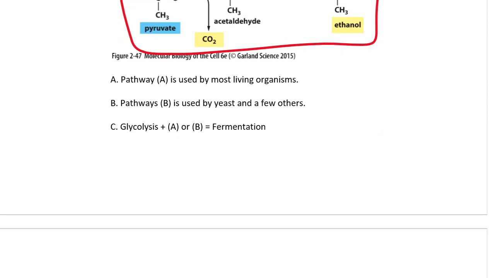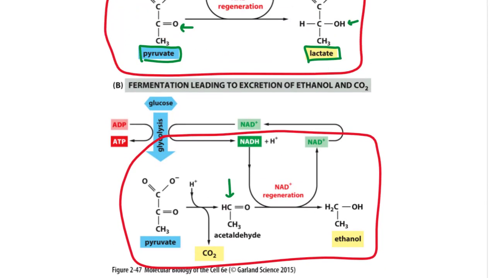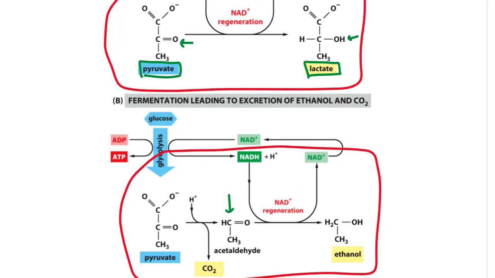So the important thing to note is fermentation is glycolysis plus A or B, A or B being one of these reactions. So when we say what metabolic pathway does the cell use under anaerobic conditions to produce ATP, it isn't glycolysis.